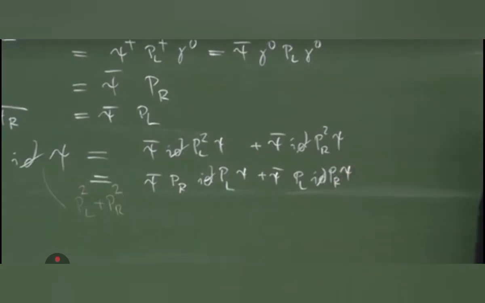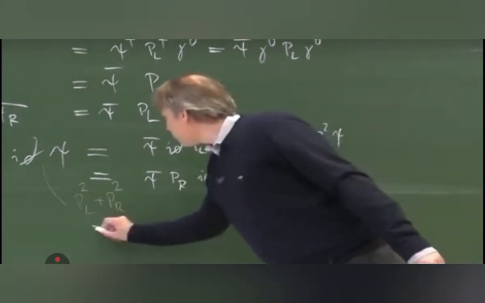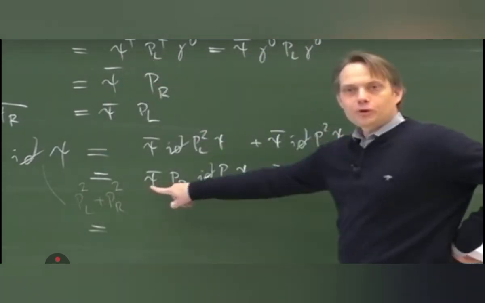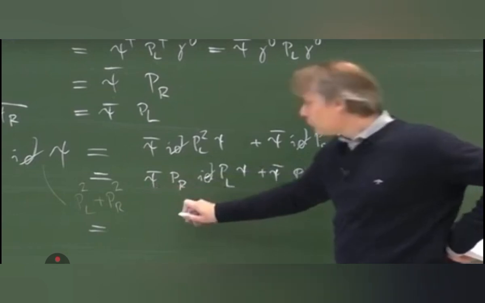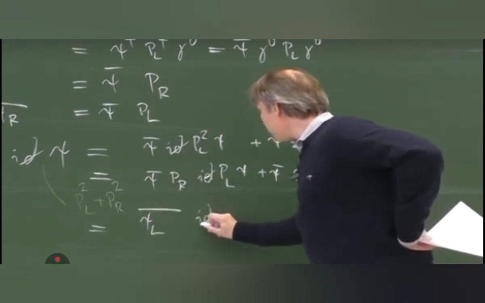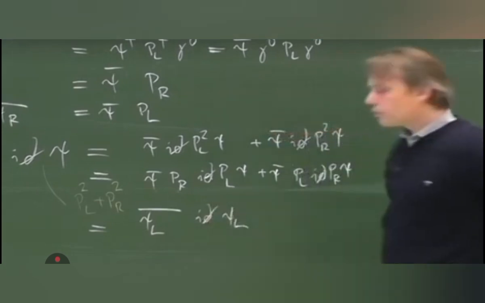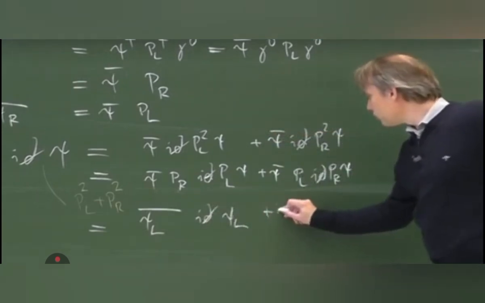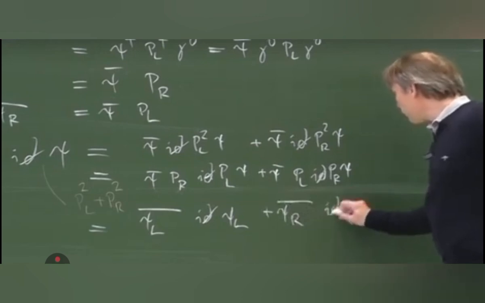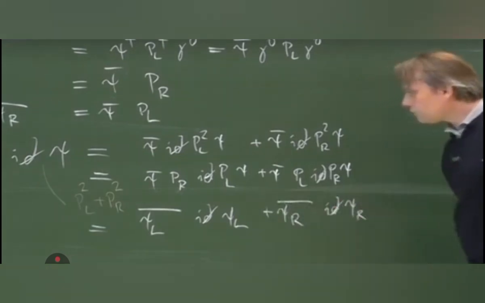And so then we can abbreviate using our previous abbreviations. So that thing here, psi bar P right, is the same as psi left bar times i d slash times psi left, plus here psi right bar i d slash psi right.